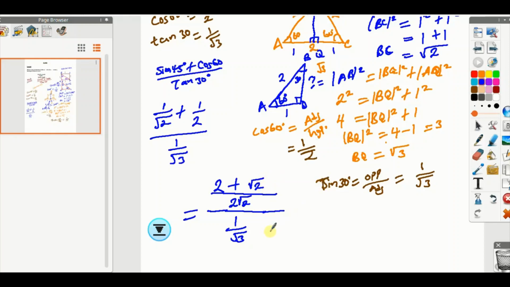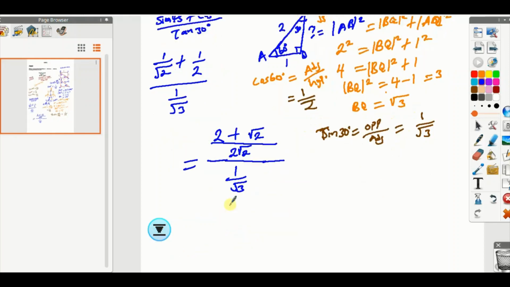So from here now, we have 2 plus square root of 2, divided by 2 root 2, divided by 1 over square root of 3. So just rewrite it, they're still the same thing.